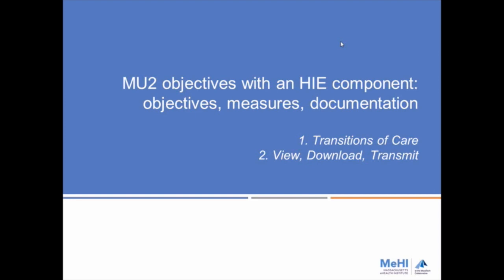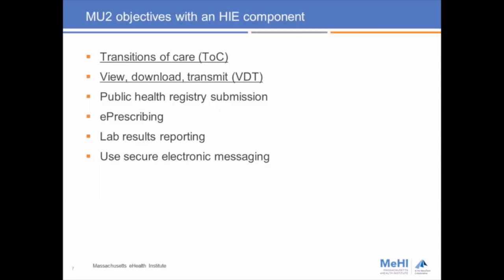And the third one, documentation, is a key element in all of this, as everyone knows. And so I'll put some energy into addressing that as well. So some of the objectives with an HIE component, and actually many of them have it potentially, as the health information exchanges get built out and they have more functionality.